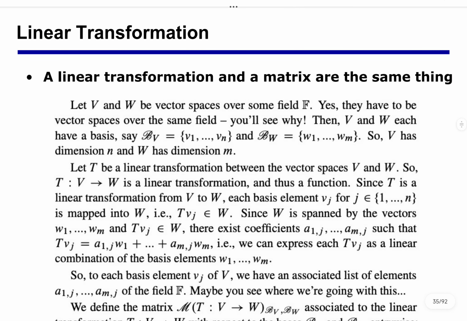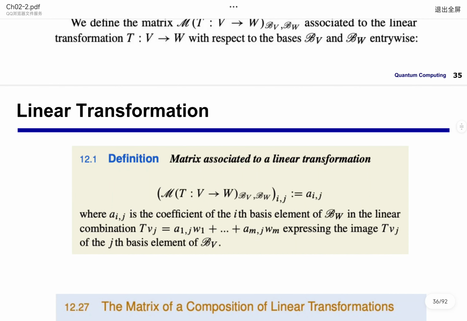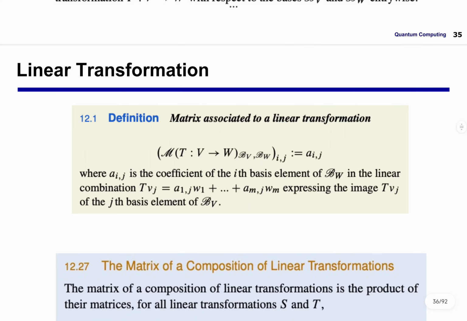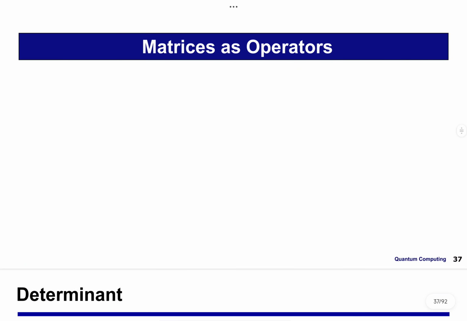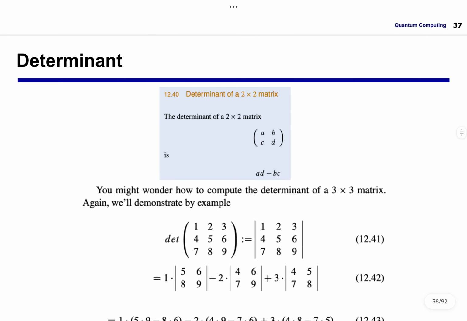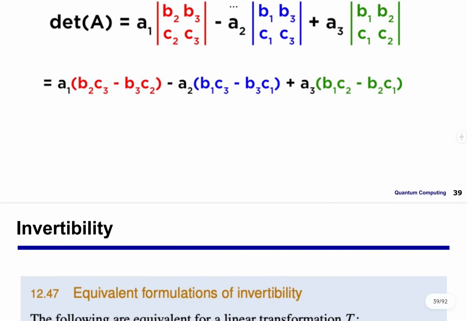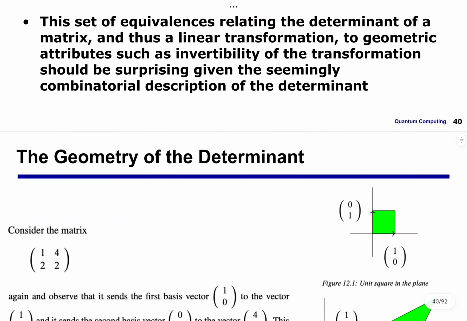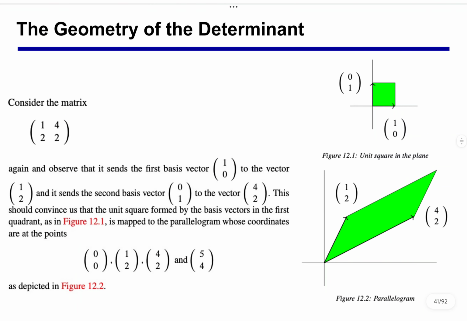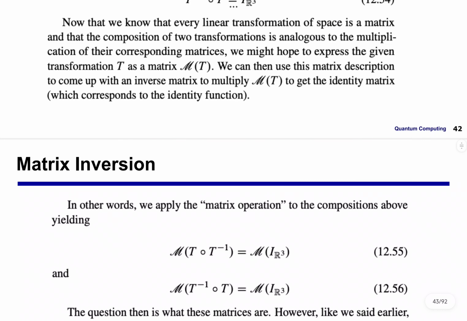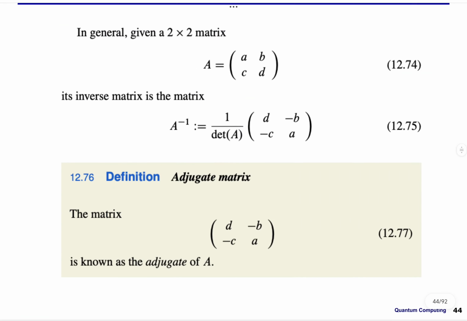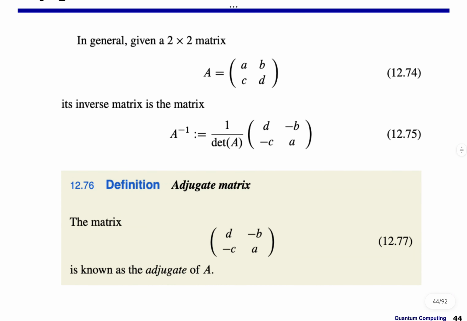Linear transformation. So there are many transformations, 3Blue1Brown, and operators. The determinant, I think determinant 3 by 3 and the invertible. Something inversion. Okay, to be honest, I can't deliver more information about this expression.